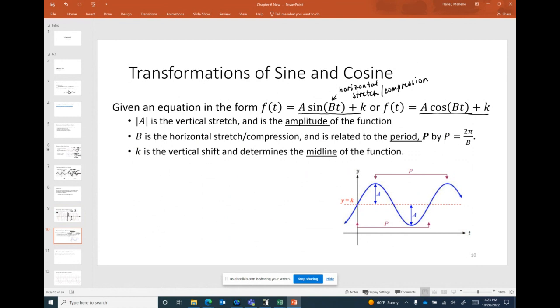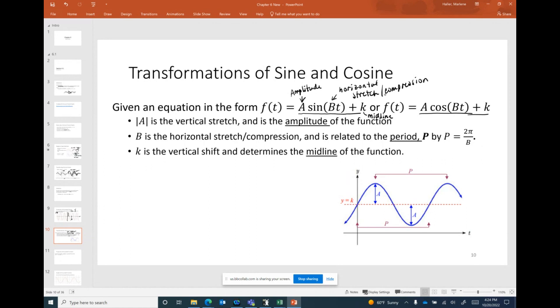Okay, so in the standard form here, A, of course, is our vertical stretch, or we call it amplitude with sinusoidal functions. K is our horizontal shift, right? But we call it midline with sinusoidal functions. Same thing with the cosine. Now, B is a funny thing.